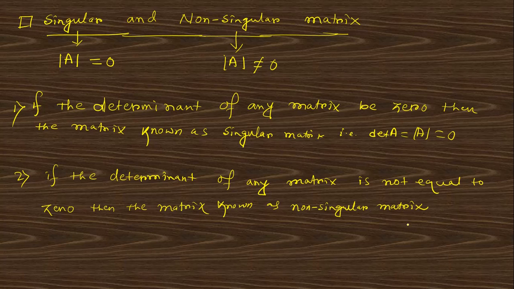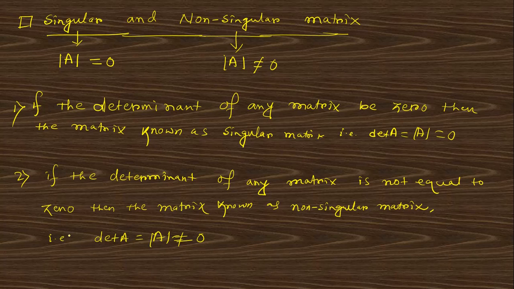Simple, very simple. That is, determinant A not equal to 0 means it is called a non-singular matrix. I think that is clear.